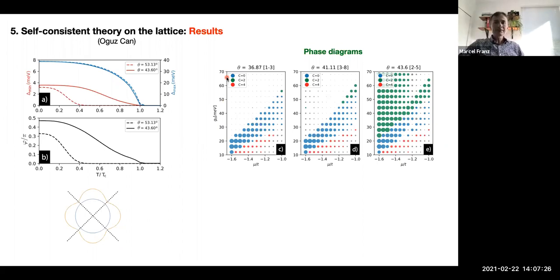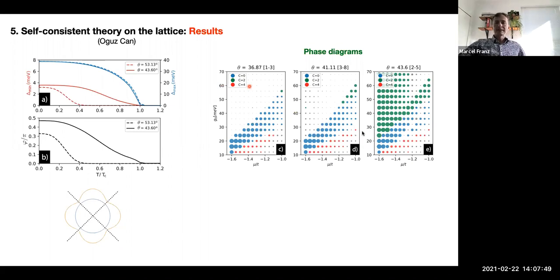So what's inside this diagram, the size of these dots corresponds to the size of this minimum gap, this topological gap that is induced due to the twist. And the color codes for the Chern number. Blue is Chern number 0, green is Chern number 2, and red is Chern number 4.